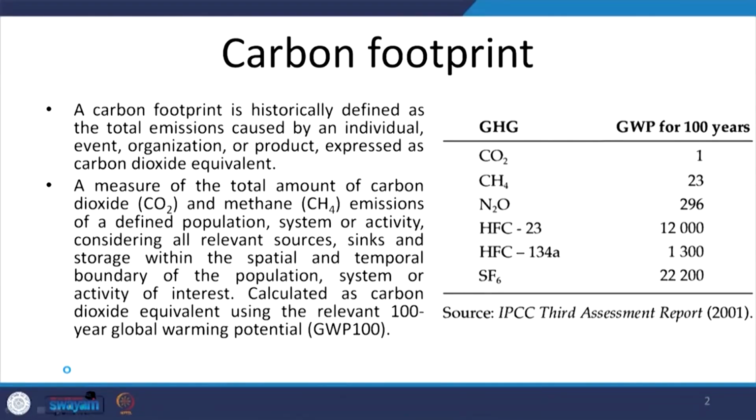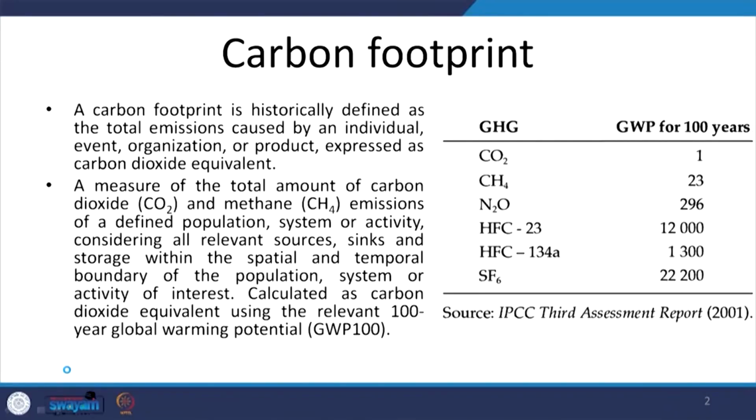If we look at nitrous oxide N2O, it has 296 CO2 equivalents. For HFCs, HFC 23 and HFC 134A, it has a much higher potential which is 12,000 times the carbon dioxide. And the sulfur fluorides have even higher potential of 22,000 times the carbon dioxide equivalent.